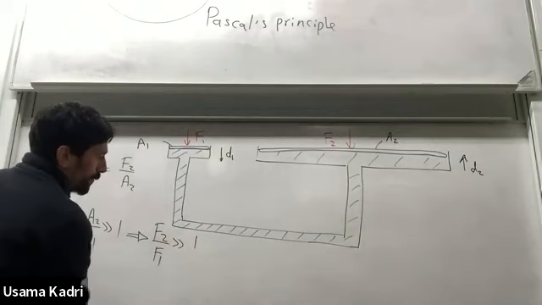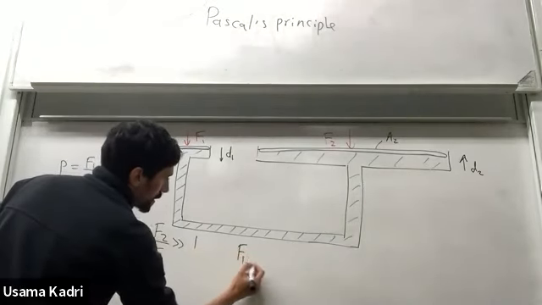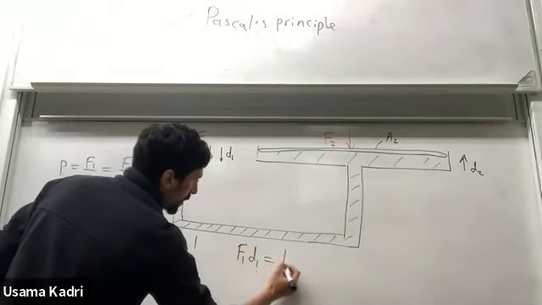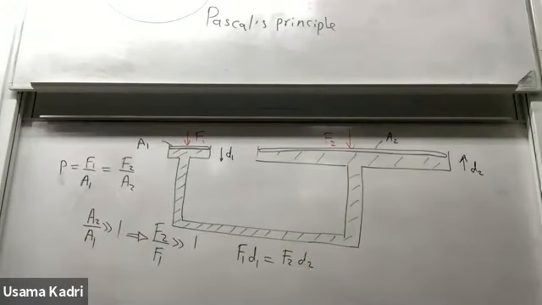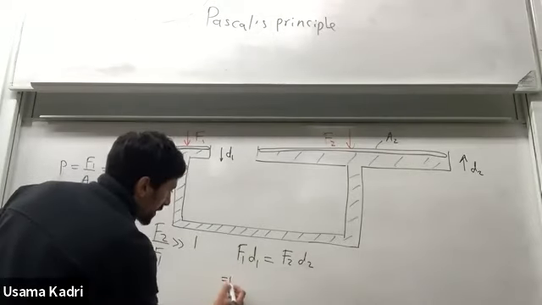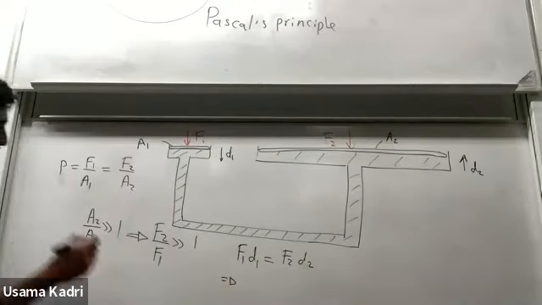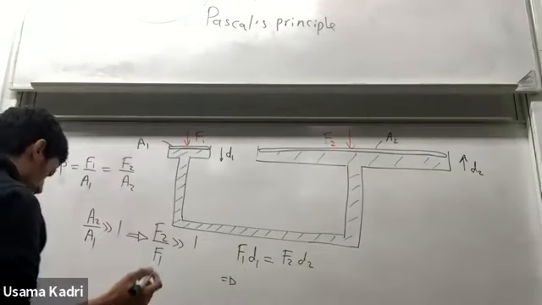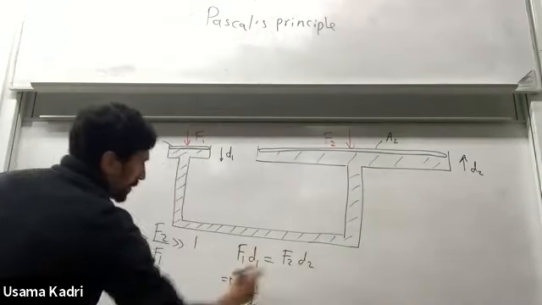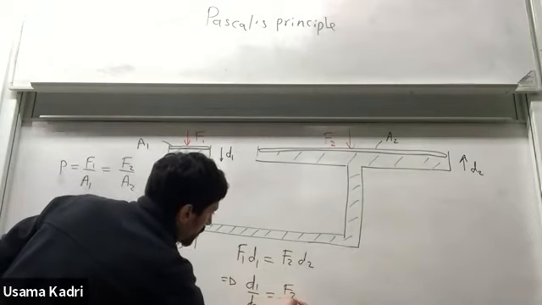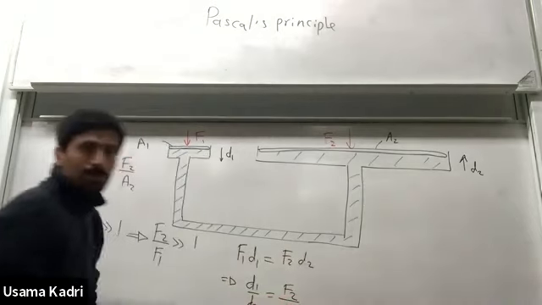So F1 times d1 is equal to F2 times d2. Which means that d1 over d2 is equal to F2 over F1.